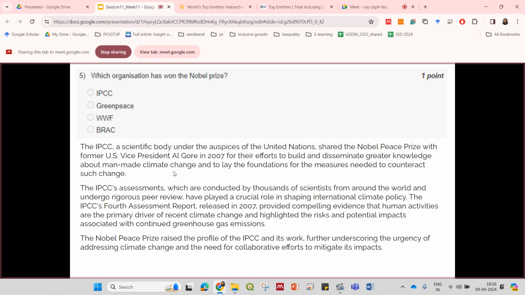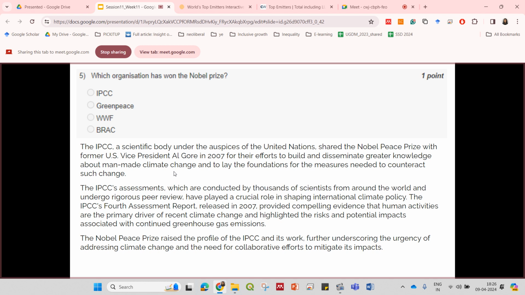So for this, the IPCC, with the US Vice President Al Gore, won the Nobel Prize in 2007. The IPCC assessments were conducted by thousands of scientists from all around the world, and these assessments underwent rigorous peer review and played a crucial role in shaping the international climate policy.